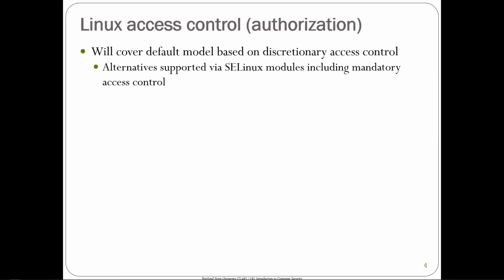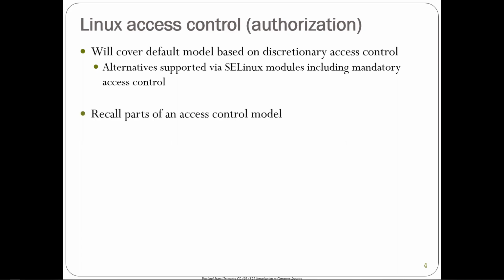It's all configurable, but I don't have time to cover all the different SELinux modules. You're going to definitely run into the default one, especially if you're a developer deploying containers and virtual machines. Almost everyone in industry is using the default one, so that's what I'm teaching you, but just know there are other ones out there.